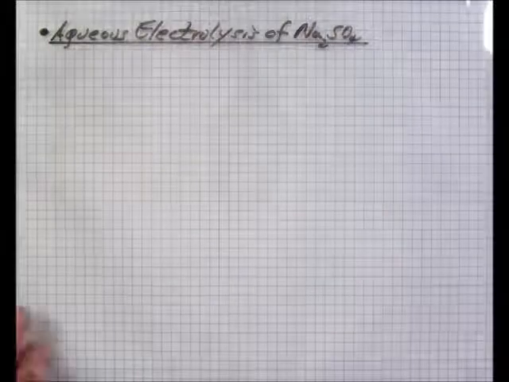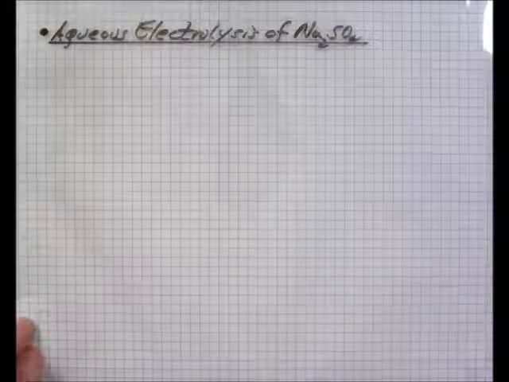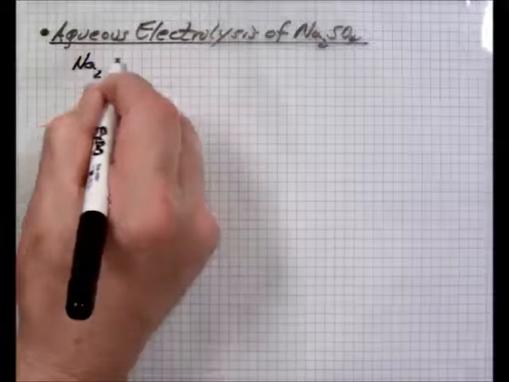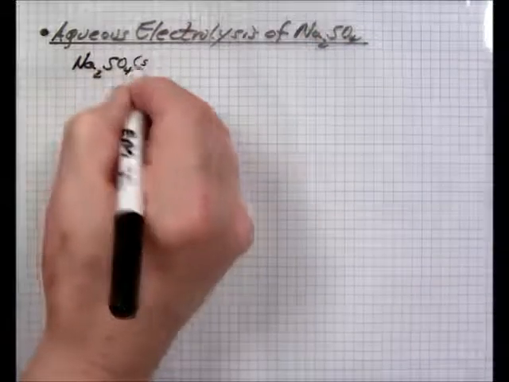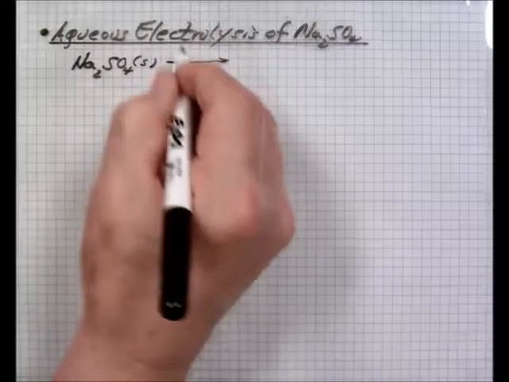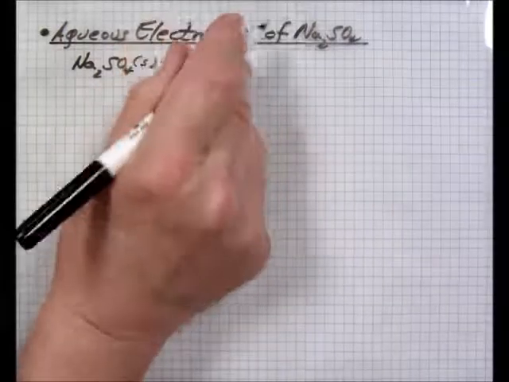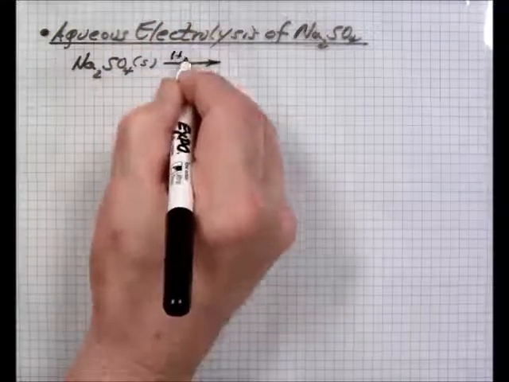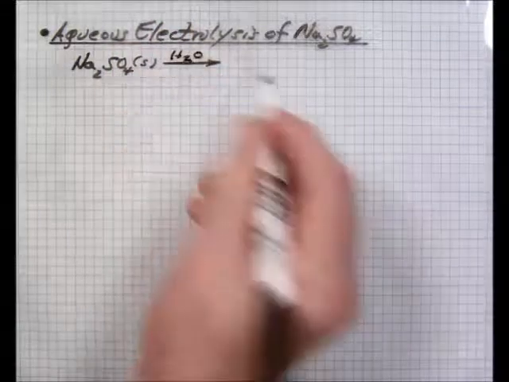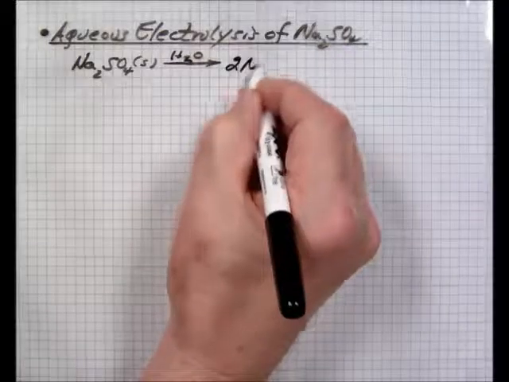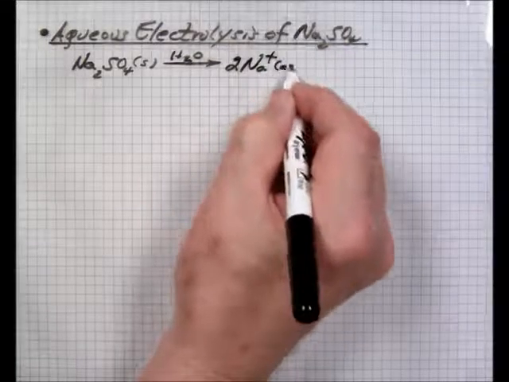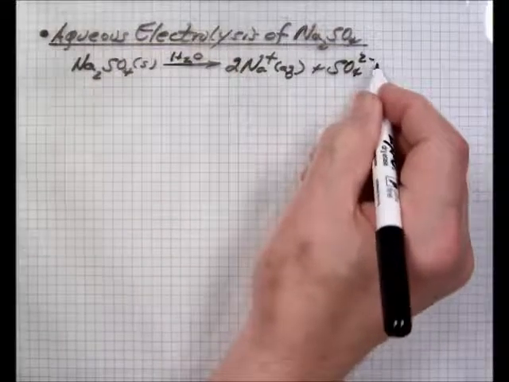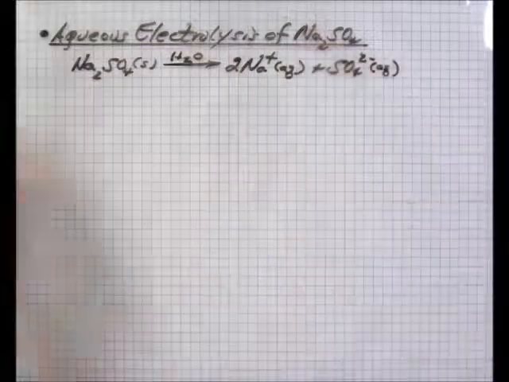Okay, again, we start with the ionization of the salt in water, and of course that's sodium sulfate as a solid, and in water, H2O, goes to a couple of sodium ions, aqueous, plus the sulfate ions, aqueous, also.